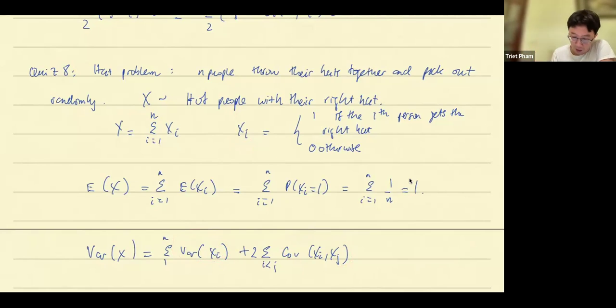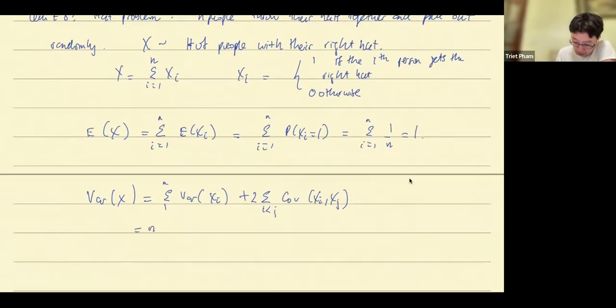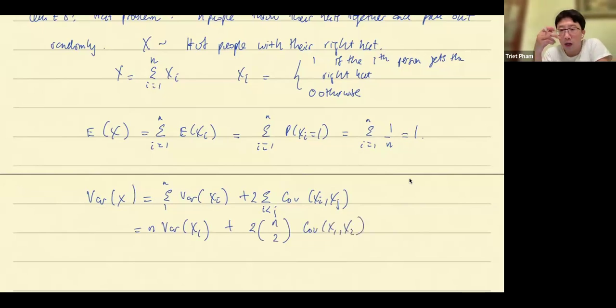So what that means is we can reduce this down to n times the variance of, let's say, the first person, because they're all equal. You can reduce this down to 2 times n choose 2 times the covariance of the first and the second person. Again, because they're all equal. Any question? So that's the first reduction.